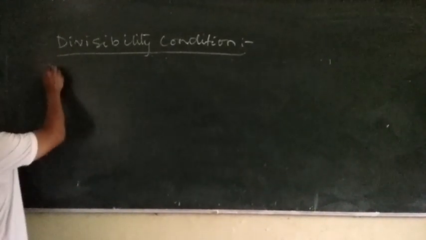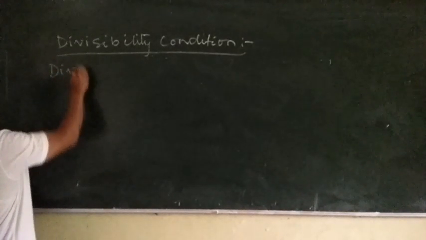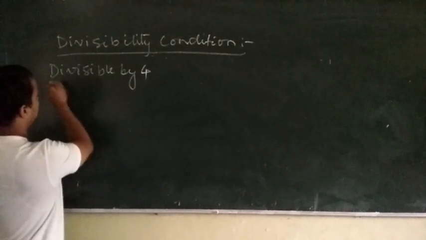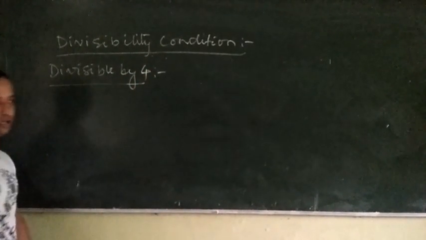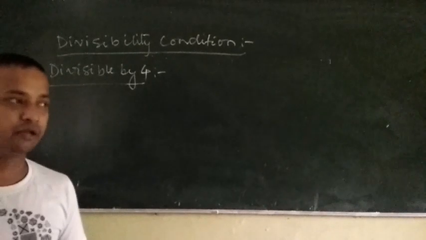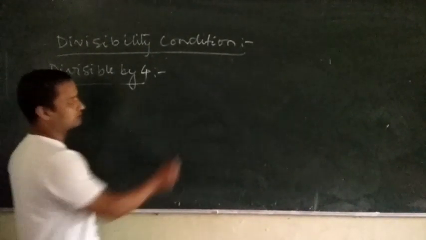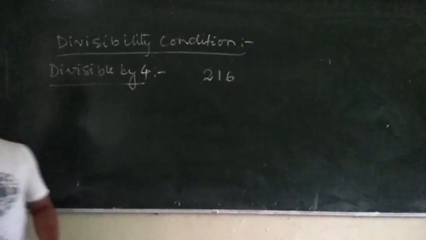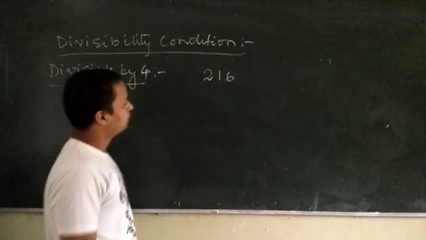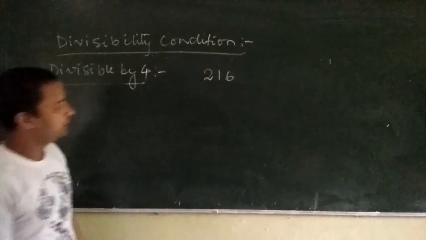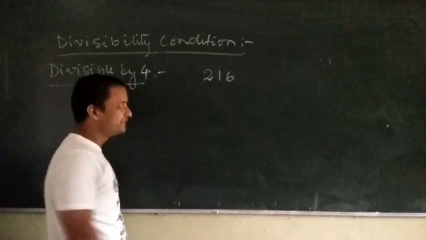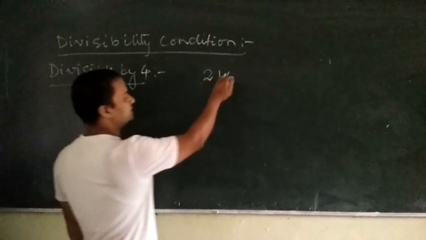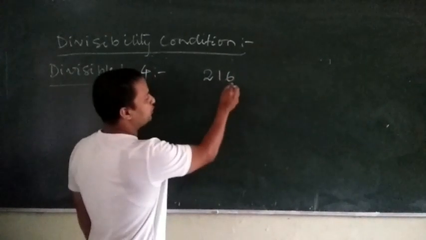Next part is divisibility by 4. Whether a number is divisible by 4 or not without actual division. Take one example, say 216. You have to see the number formed by the last 2 digits, that means the unit place and tens place.